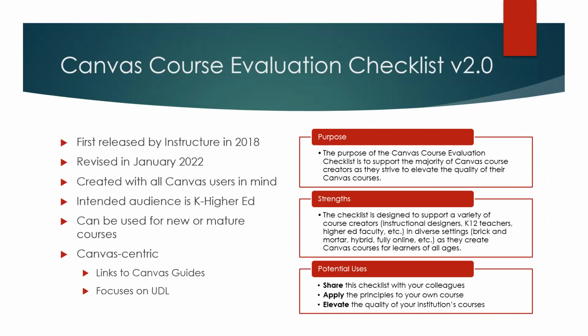So whether you're an instructional designer, K through 12, higher ed, this checklist is for everybody. And it even spans over the different modalities, especially since Canvas is used within face-to-face courses as a supplemental tool. The checklist could be used in a face-to-face setting as well.